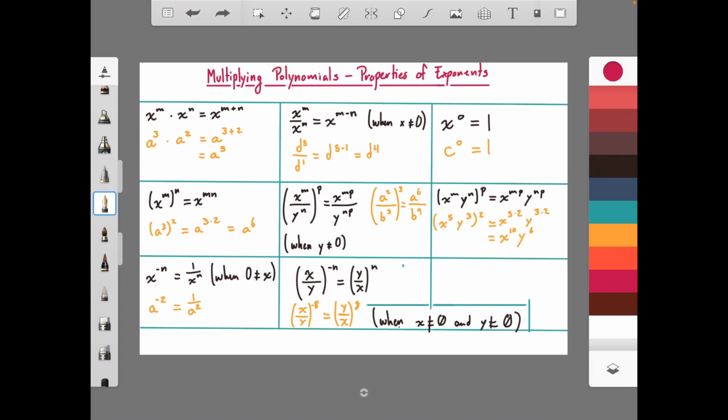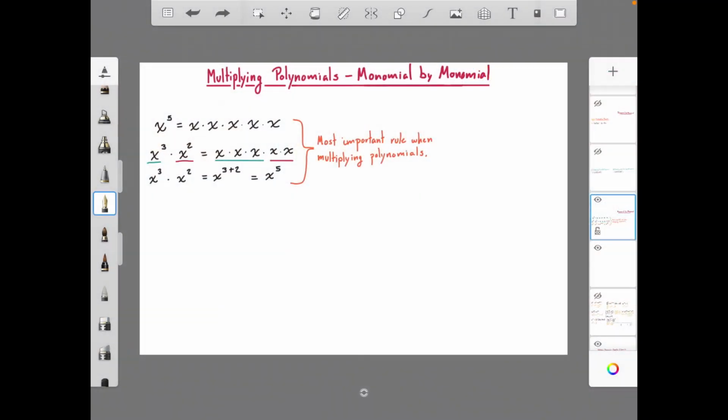So that was it for the properties of exponents, and now we're going to begin talking about actual multiplication of polynomials. Okay, so in this video we're going to talk about multiplying polynomials.